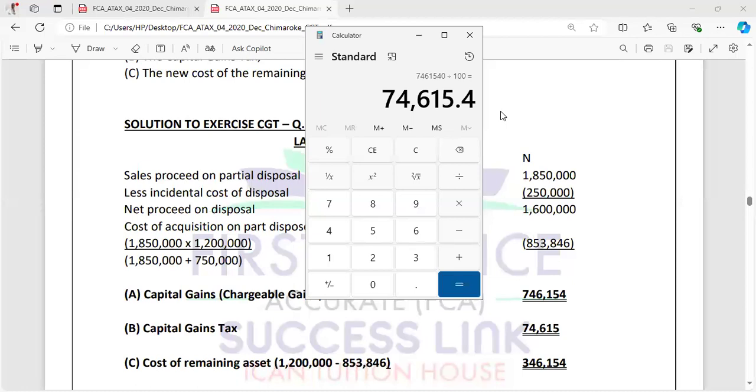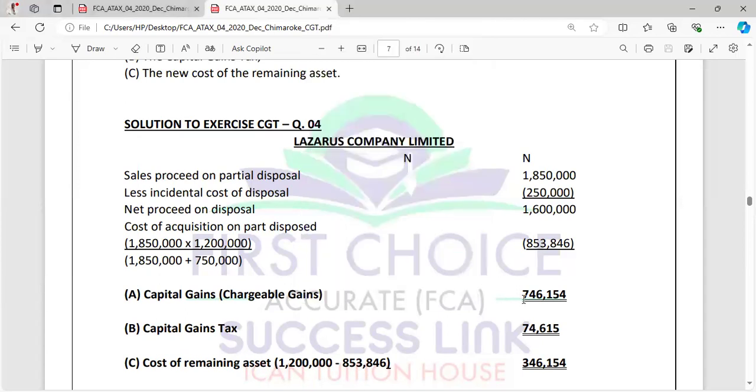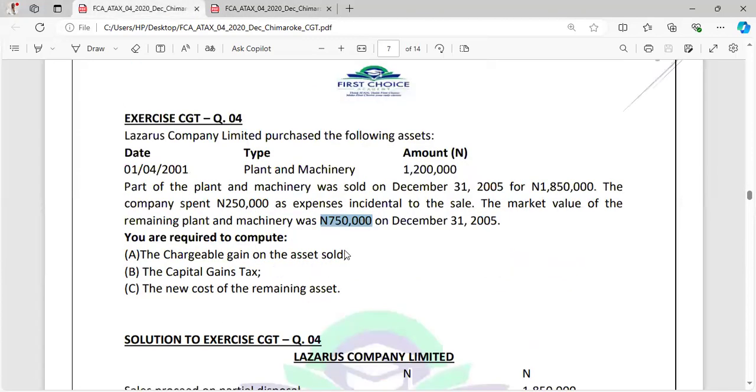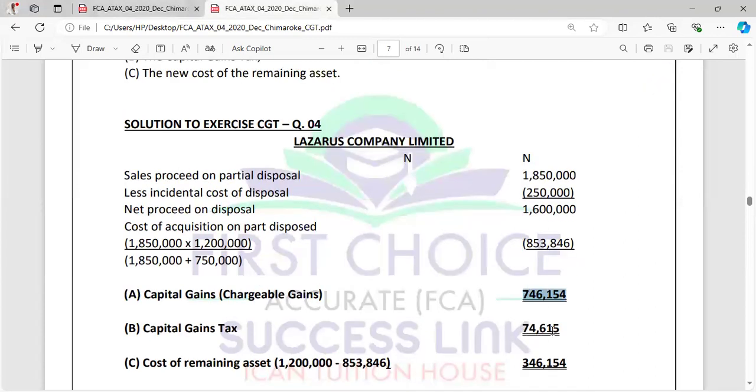Now we have calculated two things here. We have calculated capital gains before we apply tax on it, because the question says the chargeable gains on the asset sold. That's this. Then the capital gains tax is when 10% has been applied on it.